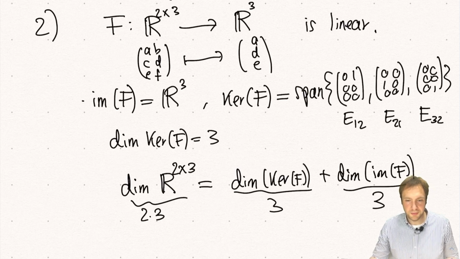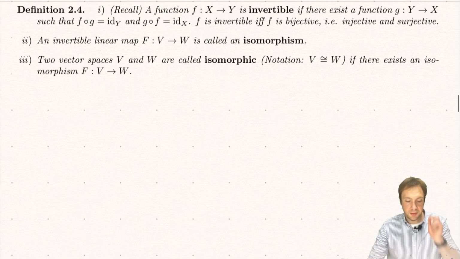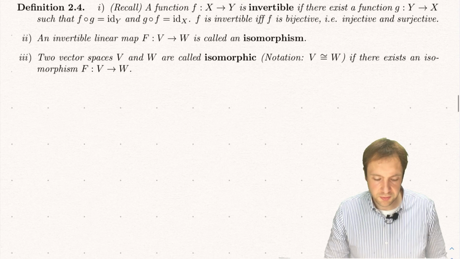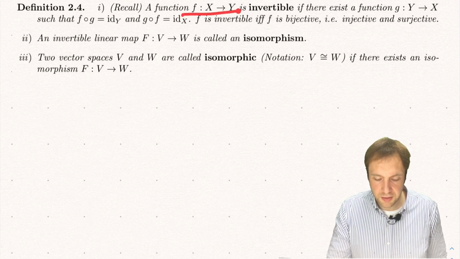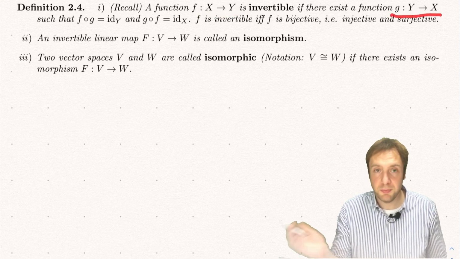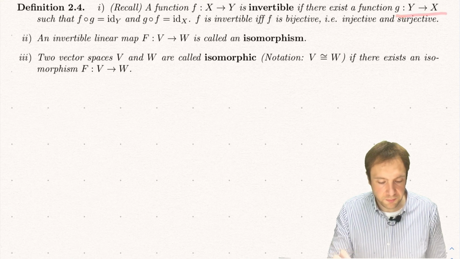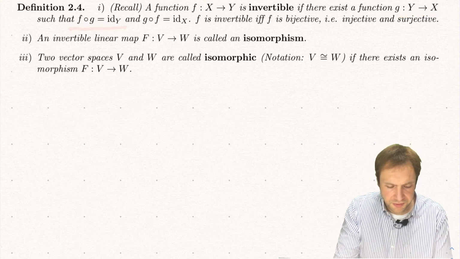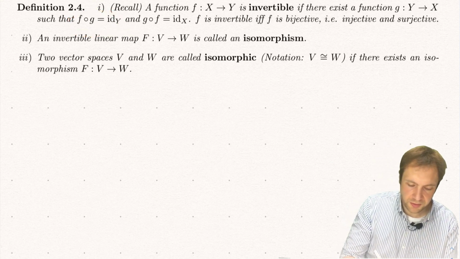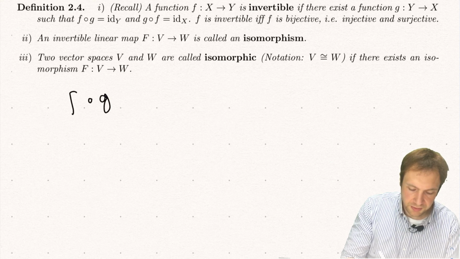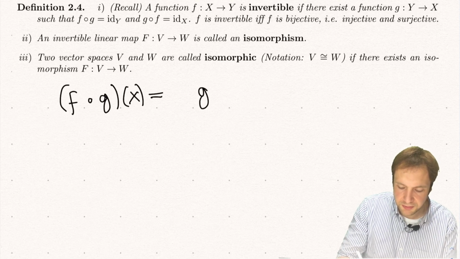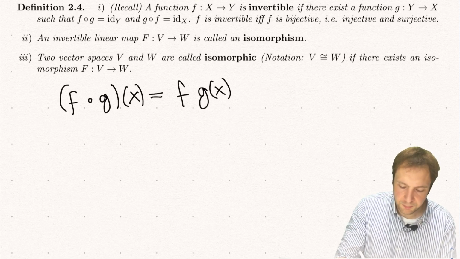Okay, so now definition 2.4. So recall, we call the function f from an arbitrary set X to Y invertible if there exists a map in the other direction from Y to X, such that f composed with g is the identity on Y. So recall that this notation here means, so this is a function, and if I apply it to something, this just means that I first apply g and then I apply f.